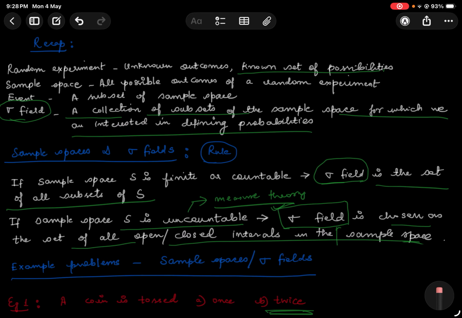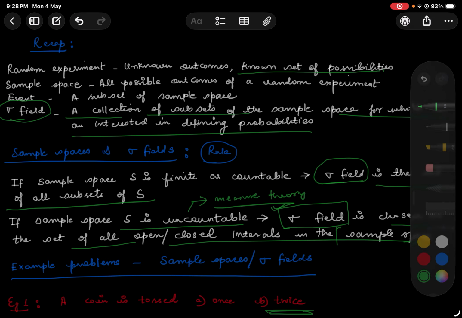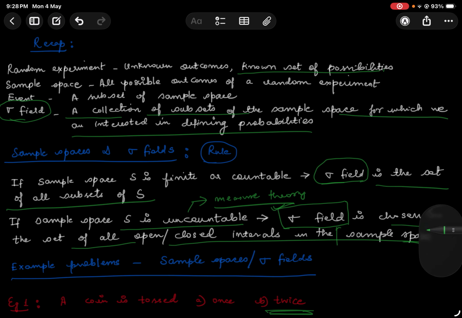So, we have covered these important topics as of now, and I would like to re-mention what they mean so that we are on the same page. The first topic is random experiment. A random experiment is any experiment in which a particular instance has unknown outcomes, but there is a known set of possibilities.